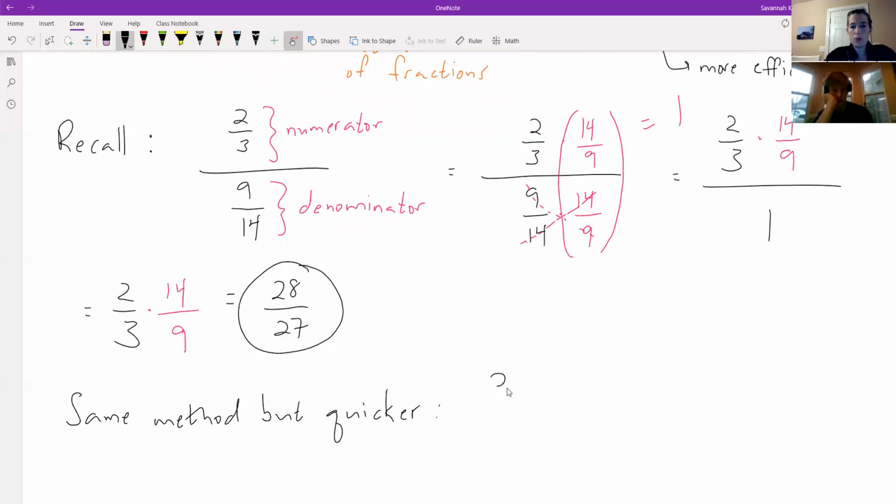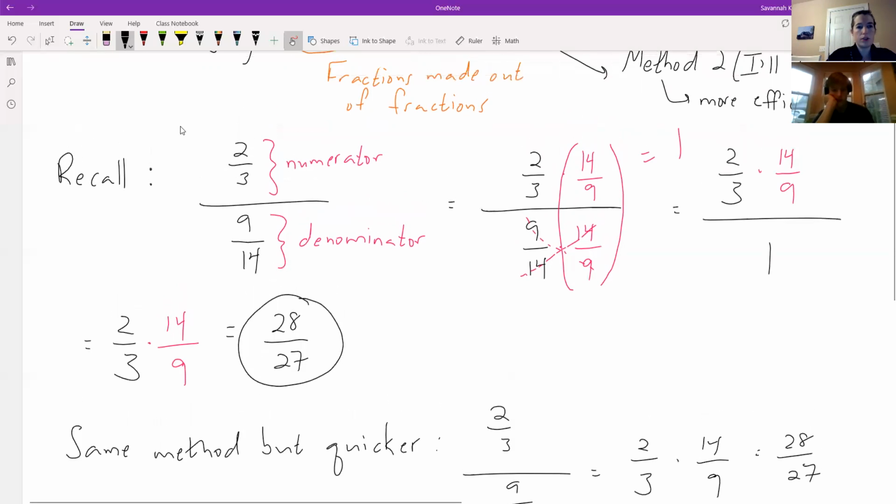If you see 2/3 divided by 9/14, you can immediately convert that to 2/3 times the reciprocal, because dividing by a fraction is the same thing as multiplying by its reciprocal. So you can go ahead and convert it without having to show all the steps I showed here. And then we get 28/27, like that.